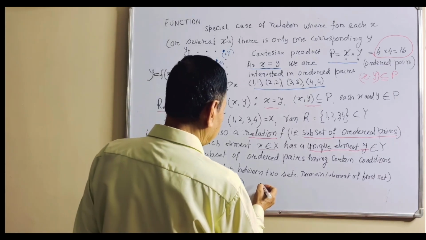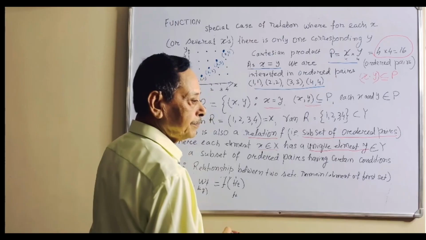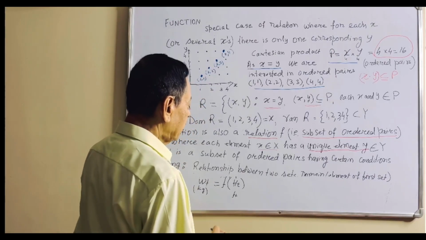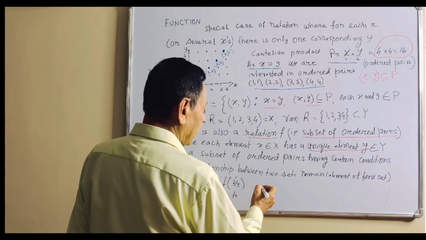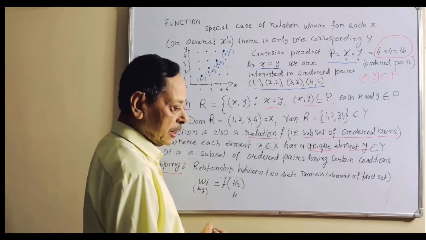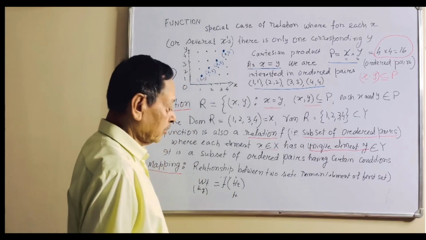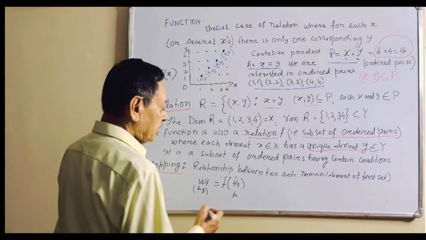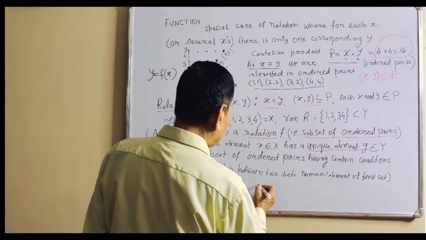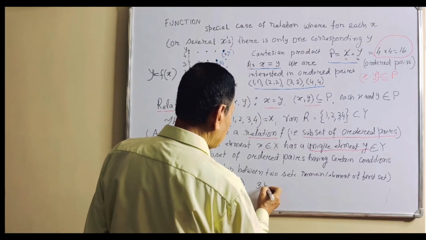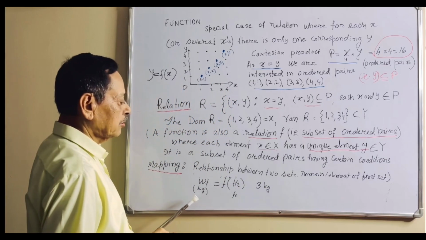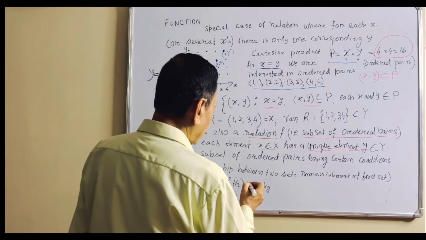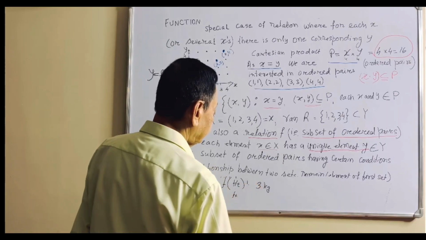Say weight, suppose from children below 15 years, so there will be a limit. We'll discuss later on. Suppose 3 kg, say W is 3 kg, the first pair.